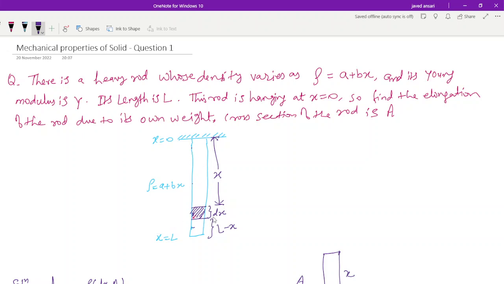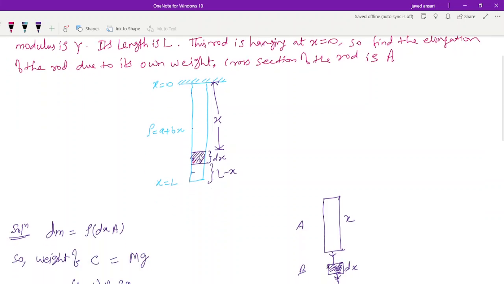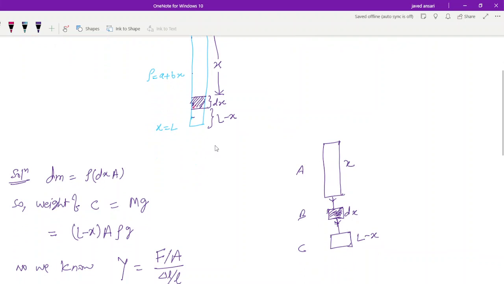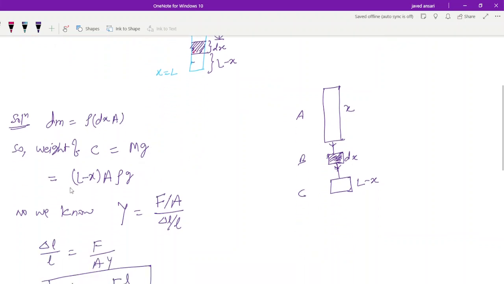That's why we took a smaller element dx, and then we solved the problem for the dx, and then we applied the magic of integration from 0 to L. Here we found dm, but this is not needed. We just found it. This part is not utilized.